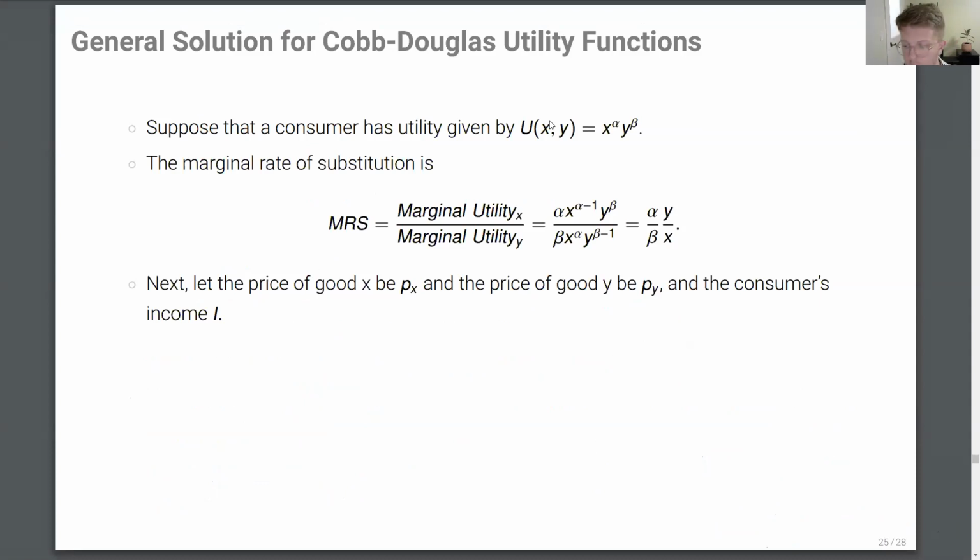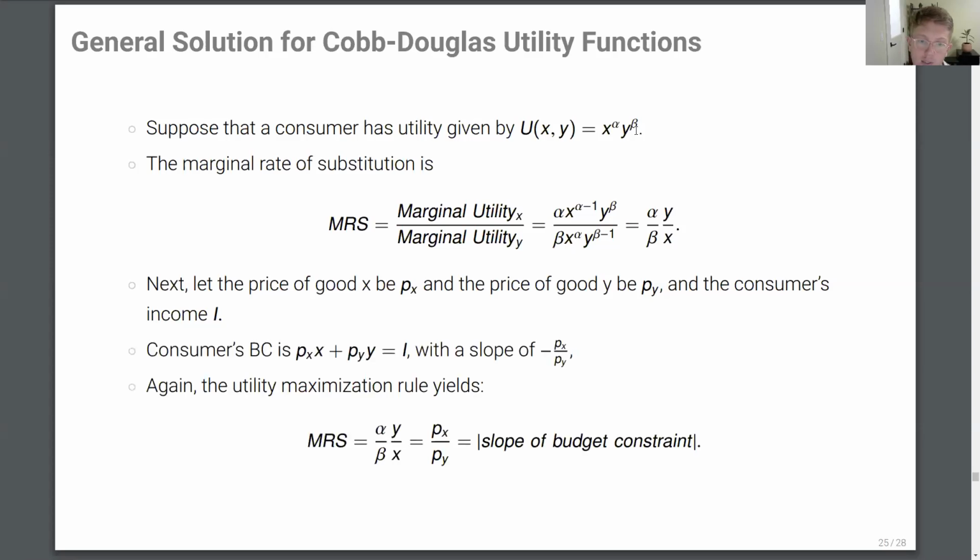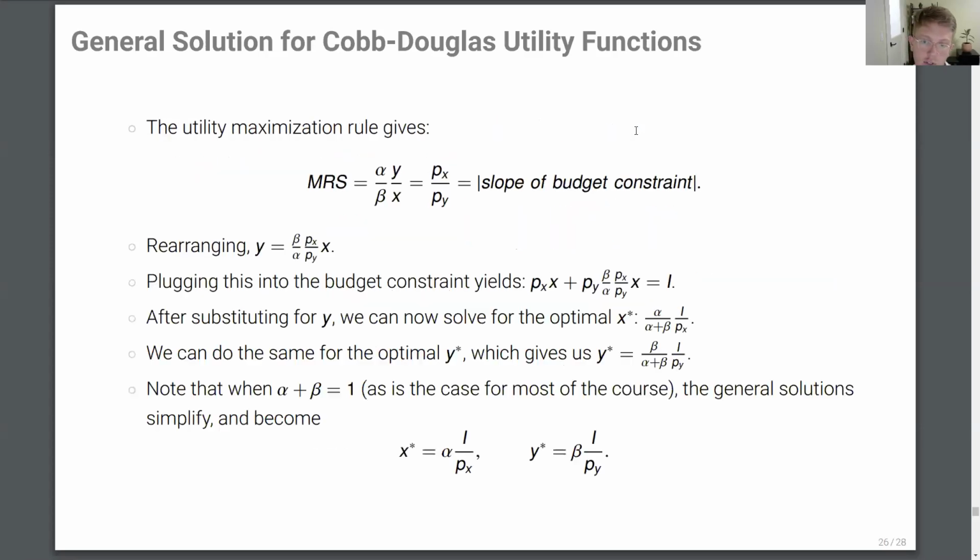That's what this utility function is telling us. And so we can just look at that utility function and say, well, it looks like we spend alpha percent of our income on good X and beta percent of our income on good Y. And so that's what these general solutions are telling us here.